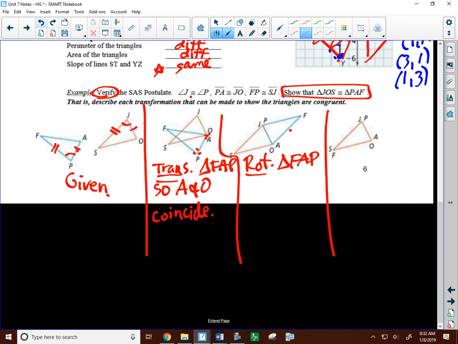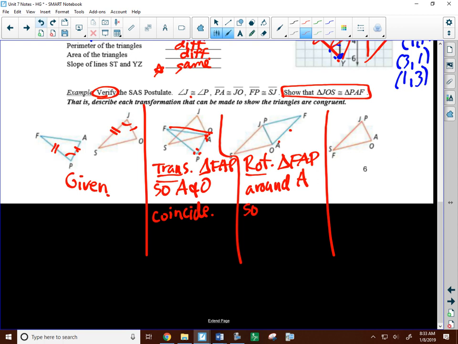Normally it's around the origin, but we don't really have an origin right now. It's just triangles. So we rotated it around point A. So rotate triangle FAP around A.